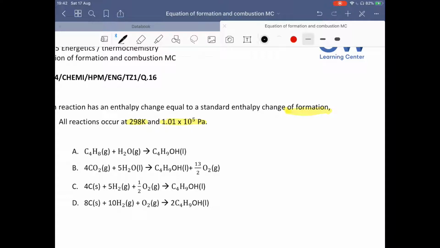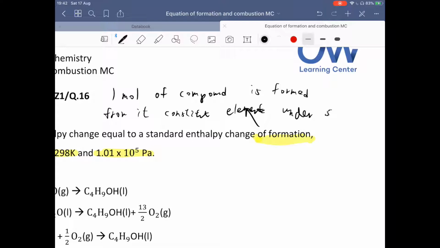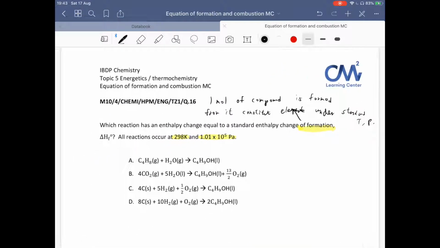So students should know the definition of a standard enthalpy change of formation. The definition is the enthalpy change when 1 mole of compound is formed from its constituent elements under standard temperature and pressure.